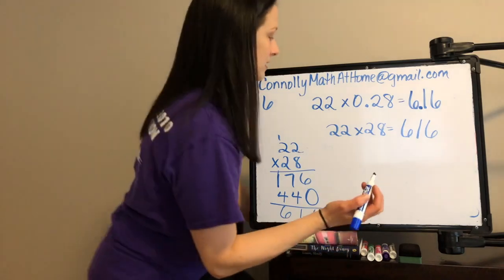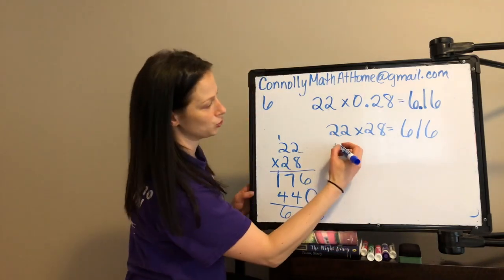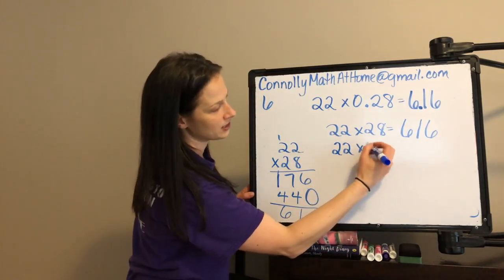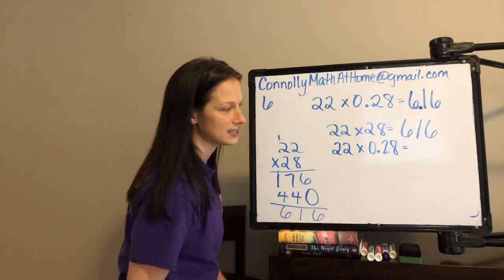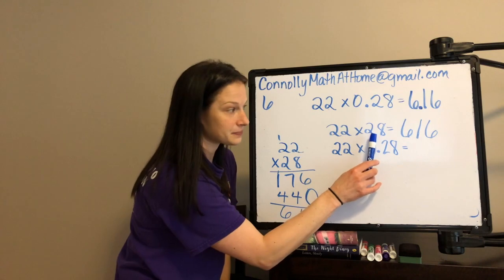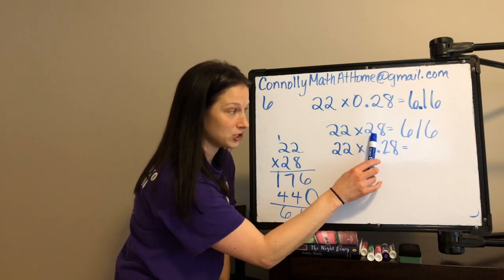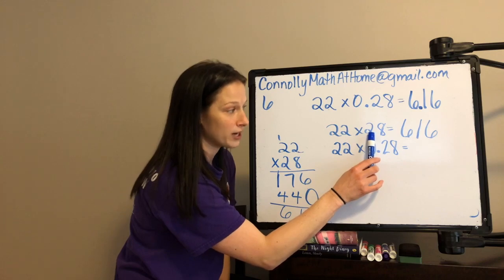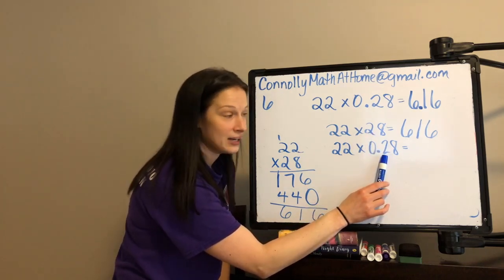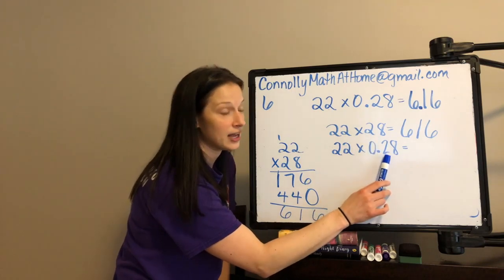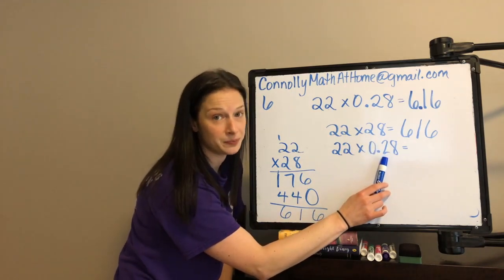What else helps you is thinking about what happened to one factor. In this case, it's one factor. We're going to go over some other situations in a second. But I asked myself how many times smaller did 28 get when we're going from 28 to 28 hundredths. And I know that this factor got 100 times smaller.